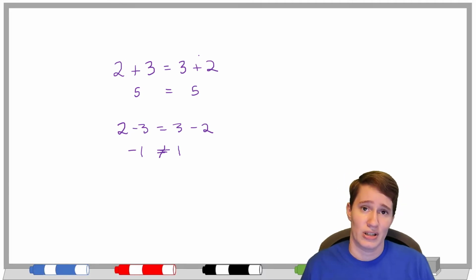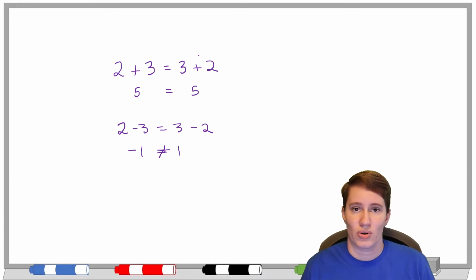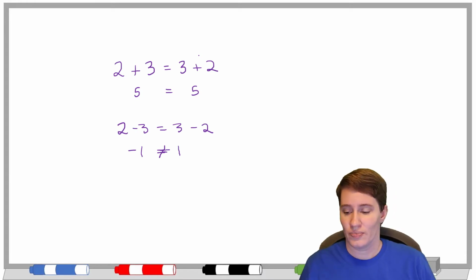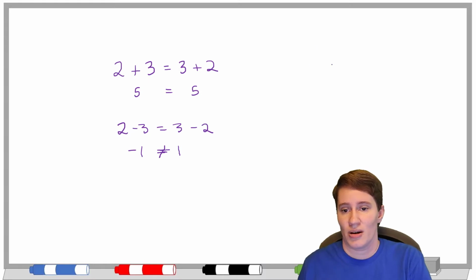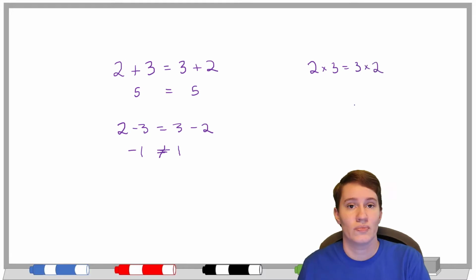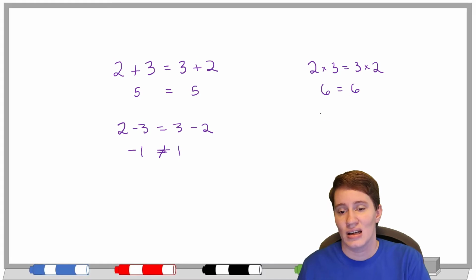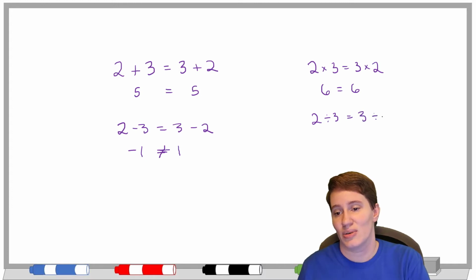We have two other operations, right? Multiplication and division. Which of those do you think this works for and which doesn't it work for? So let's think about multiplication. 2 times 3 versus 3 times 2. Are those the same thing? Well, yeah, that's 6 equals 6. But what about 2 divided by 3 versus 3 divided by 2?